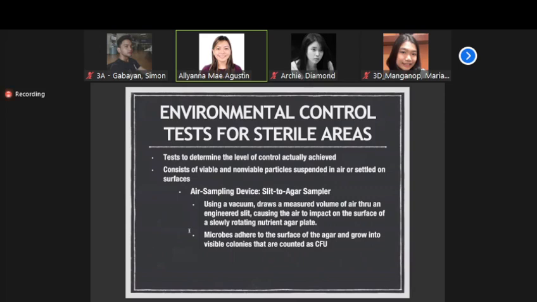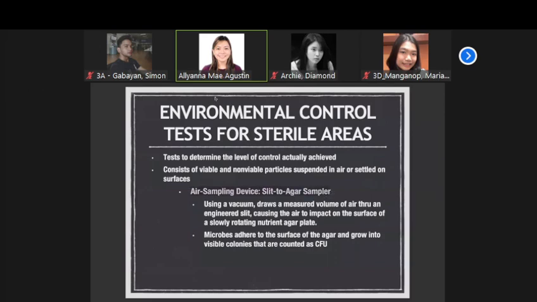Okay. Next, checking for your bacteria sa sterile area. So, di ba sinabi nating sterile, dapat walang bacteria. So, sa air, dapat walang lumulutang na bacteria. So, we use your air sampling device or your slit to agar sampler.